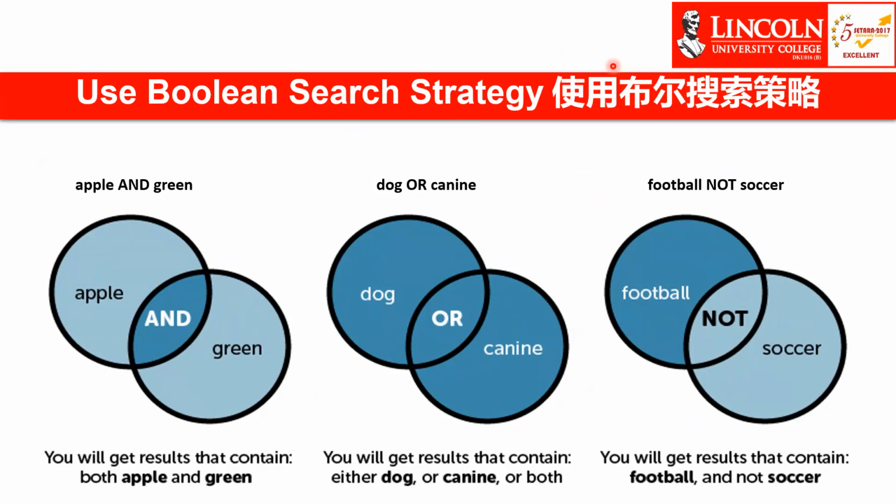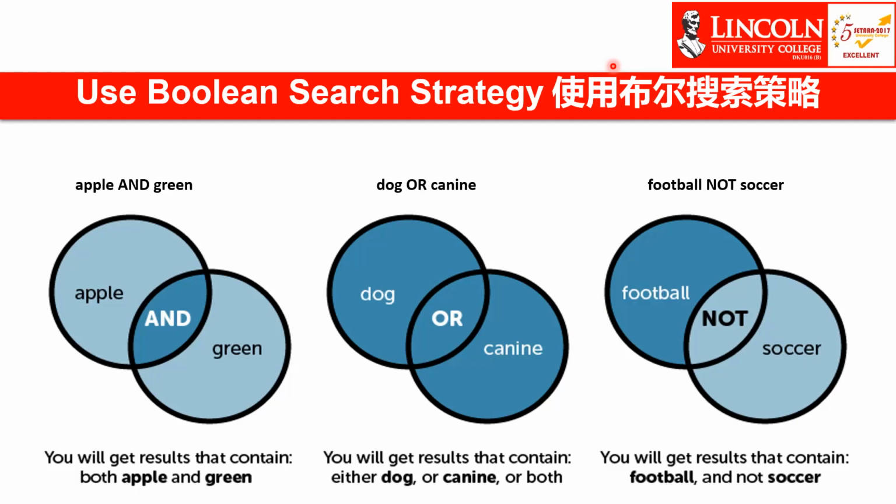Football not soccer. You will get results that contain only football, not soccer. The results that contain soccer will be dropped, will be filtered out. Only the results that have to do with football will be displayed on your screen. So that is how these search strategies work.